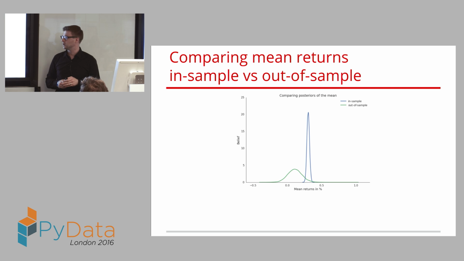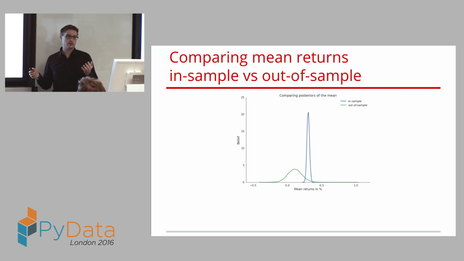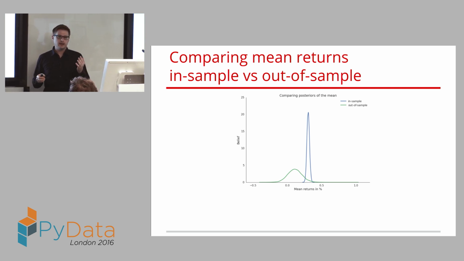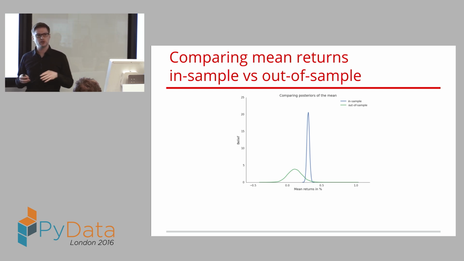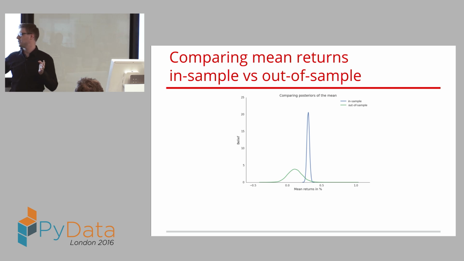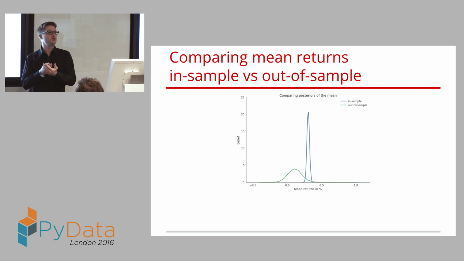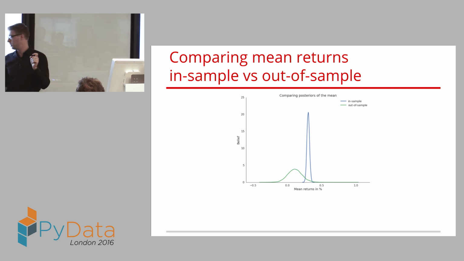Next we can look at the answers that we care about, and we can plot these so-called posterior distributions. What is really important now is that these are not the returns that I'm plotting here. That's my belief in the mean returns, just one parameter of my model.